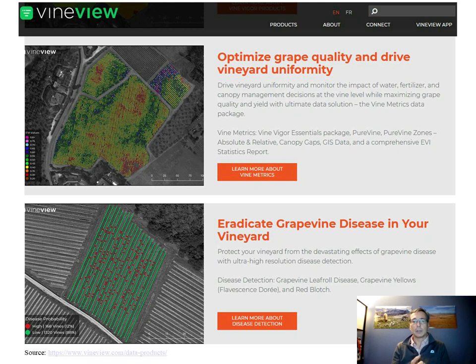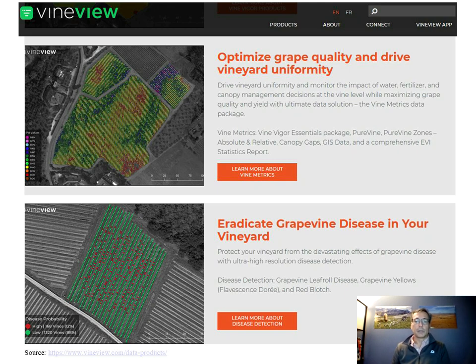Here's an example of a vineyard using the VineView system, and you can find out if there are problems within the vineyards. So, for example, thinner vegetation or perhaps dead plants in certain parts of the vineyard, and then you can manage accordingly. You can go and identify those plants.